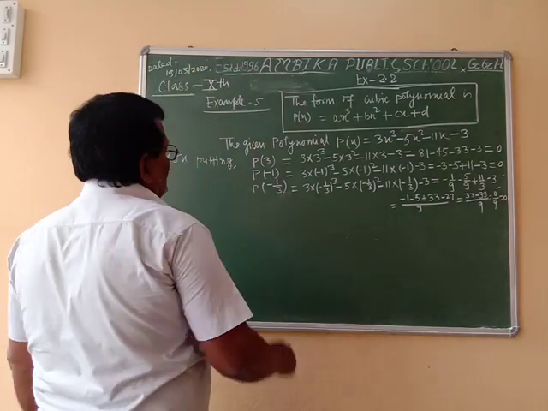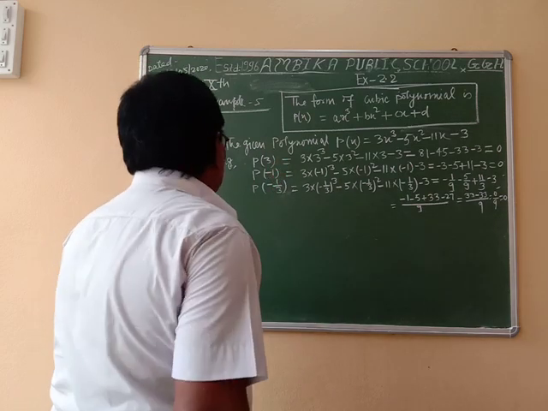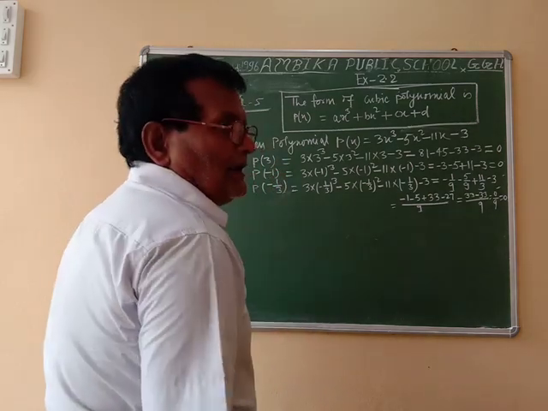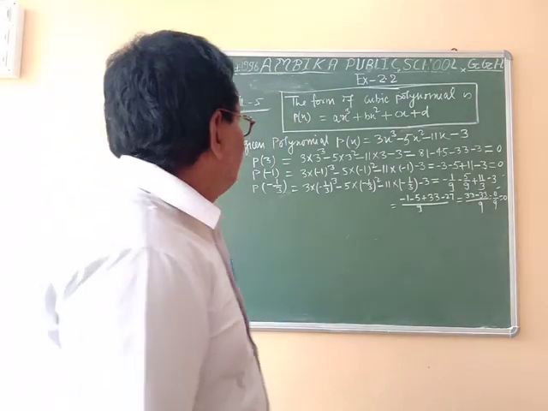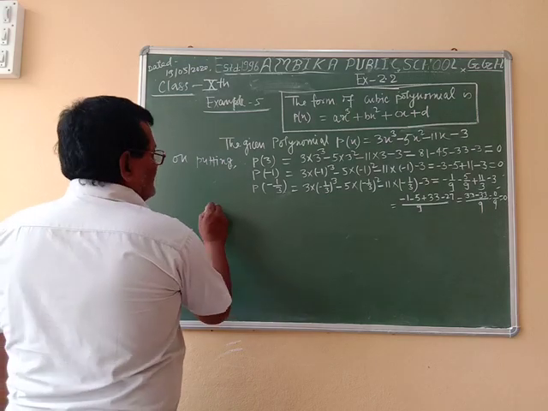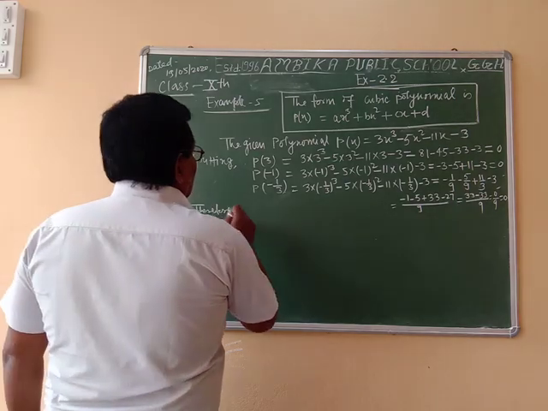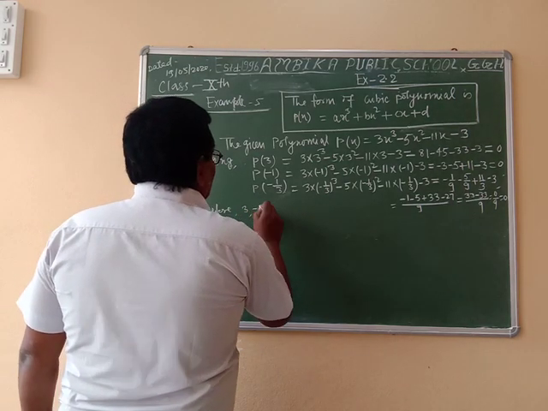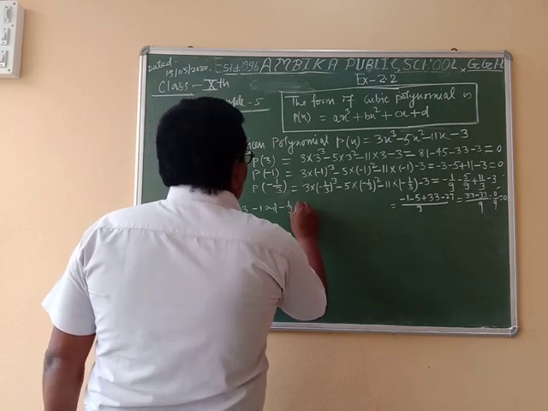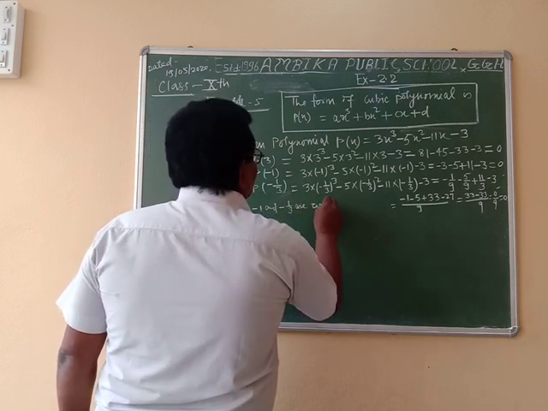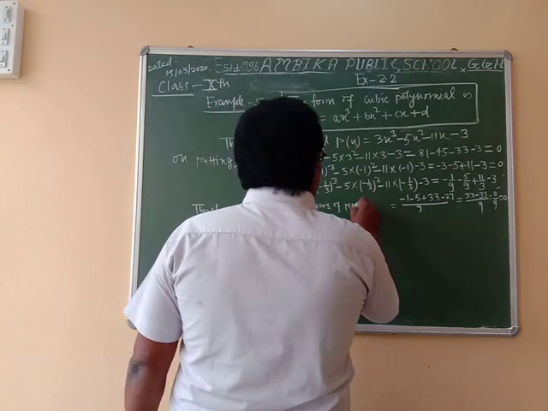So we put these values of x in the given polynomial, the result is 0. Hence, 3, minus 1 and minus 1 by 3 are zeros of px. It is proved.